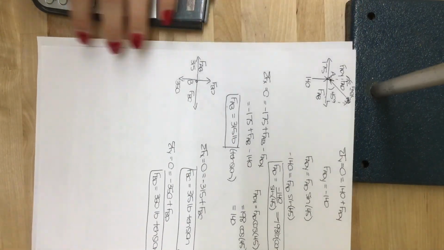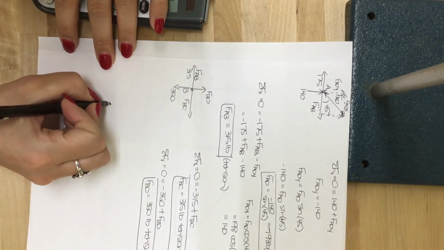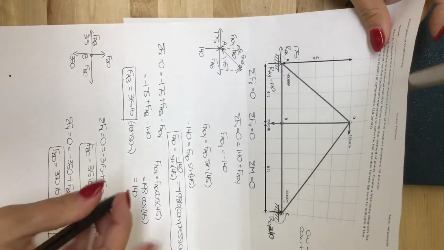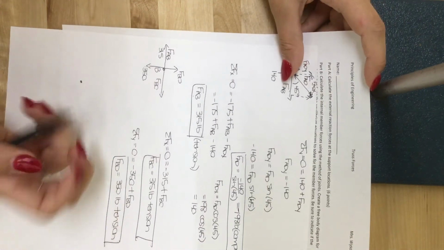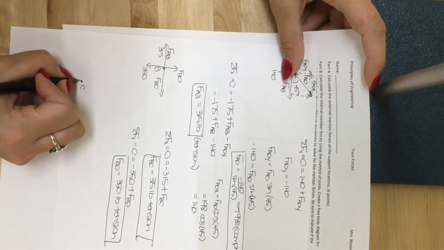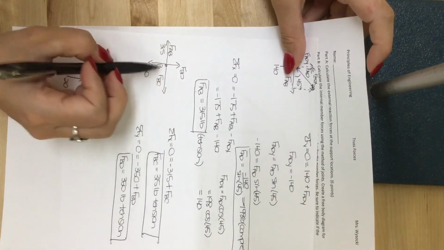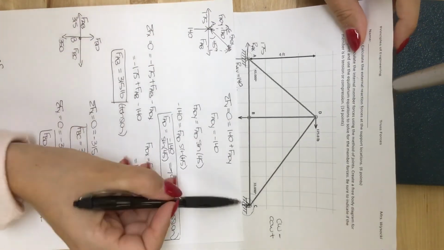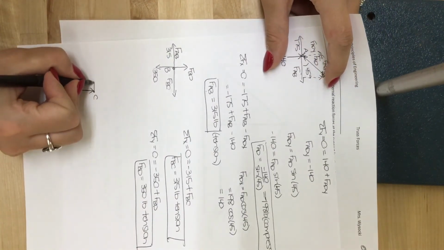So I'm going to draw a free body diagram of point C. And at point C, remember that we have our reaction force of 210 pounds pointing up. We have our force BC, and it's in tension, so we're going to draw the arrow away from our point.